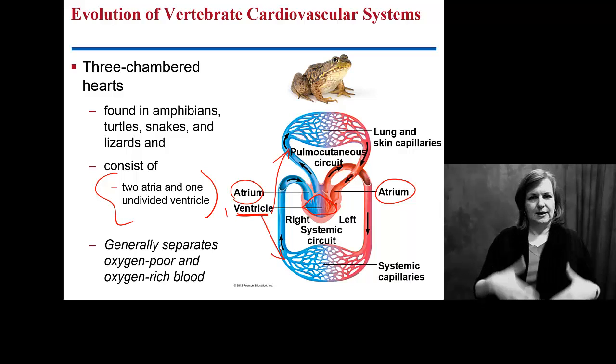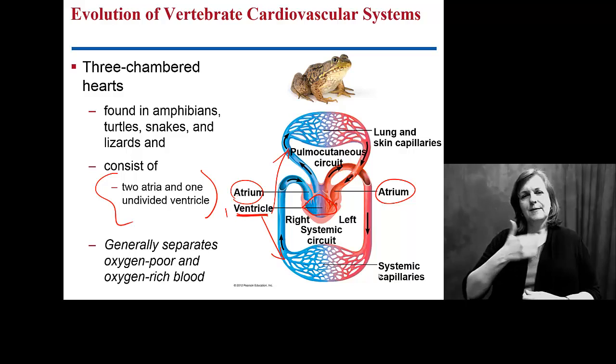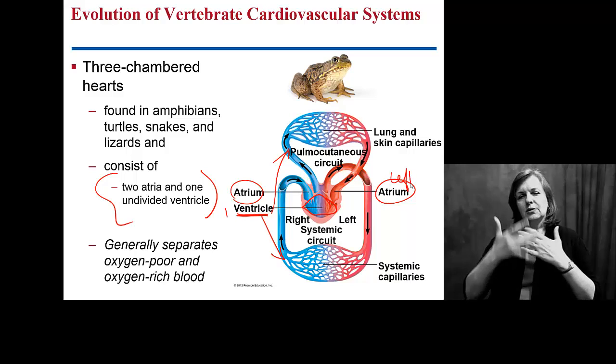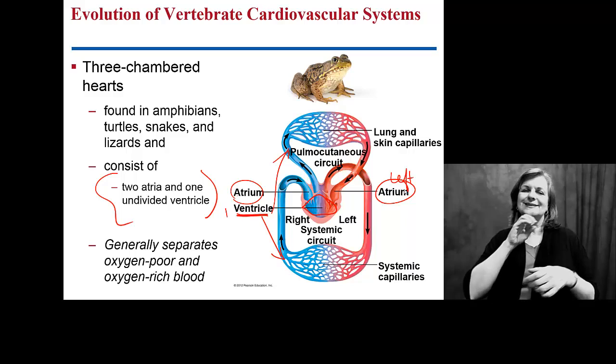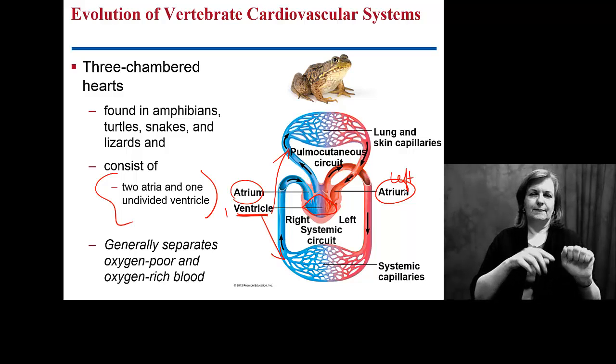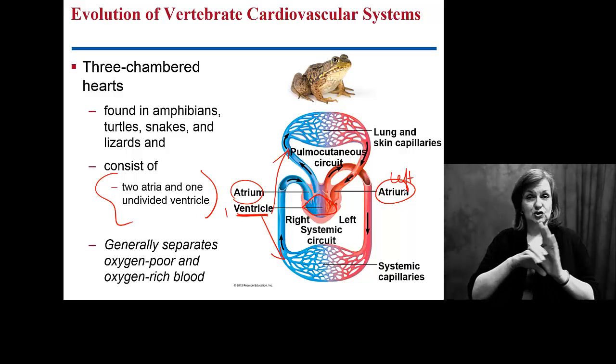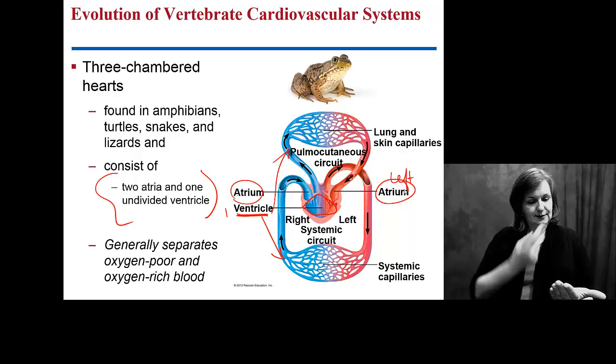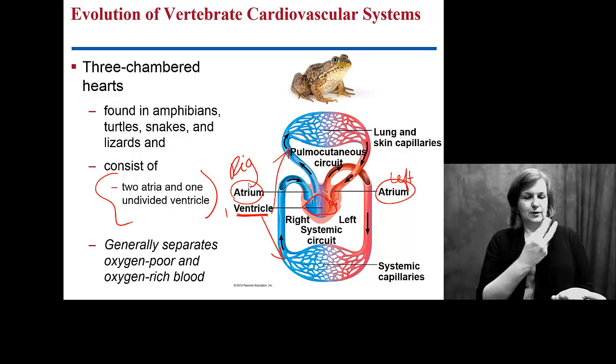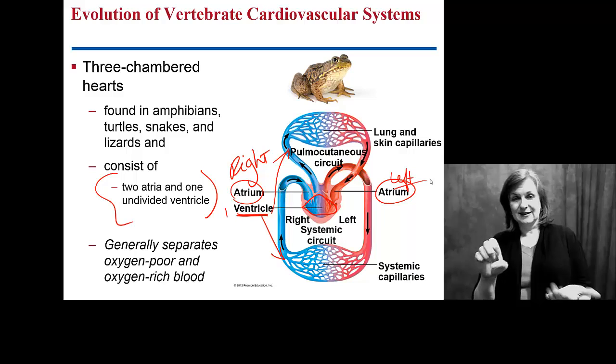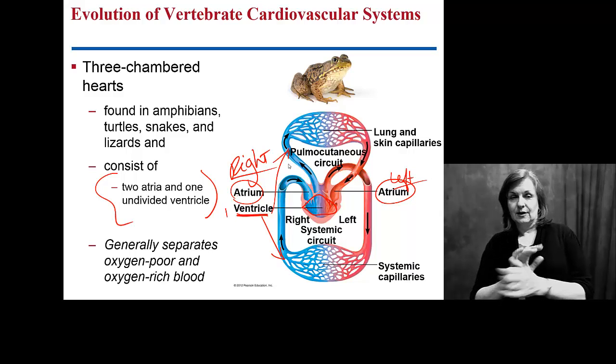The best oxygen-rich blood is actually, in this case, the left atrium. Remember, when we look at these pictures, this is like you're looking down on someone who is facing you. So the right side and the left side. Be very, very careful with that.